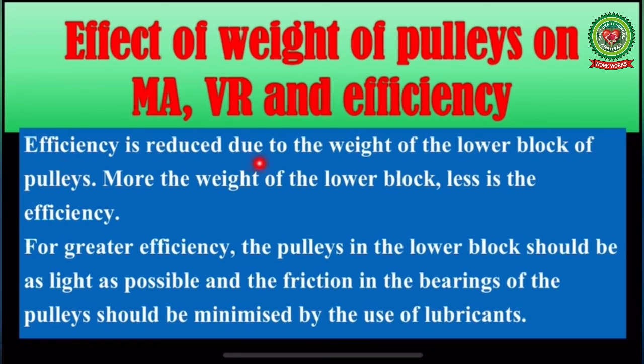Efficiency is reduced due to the weight of the lower block of the pulleys. The more the weight of the lower block, the less the efficiency. For greater efficiency, the pulleys in the lower block should be as light as possible and the friction in the bearings of the pulleys should be minimized by the use of lubricants.